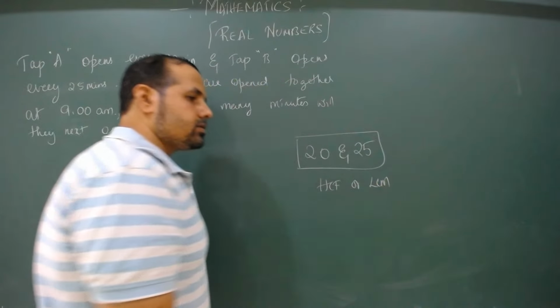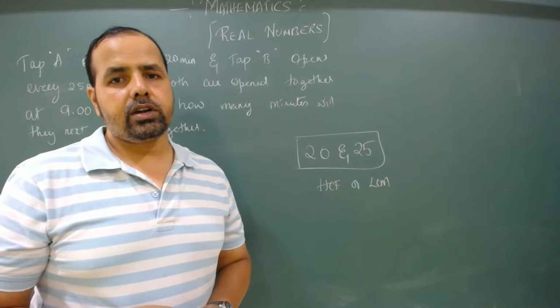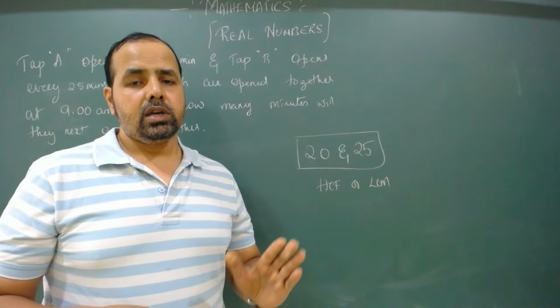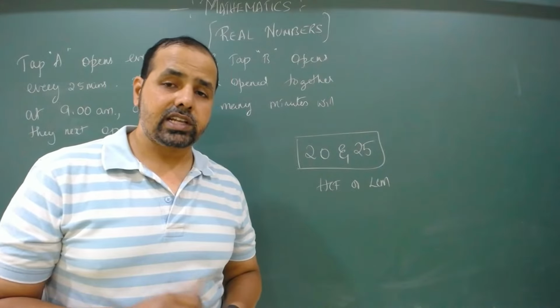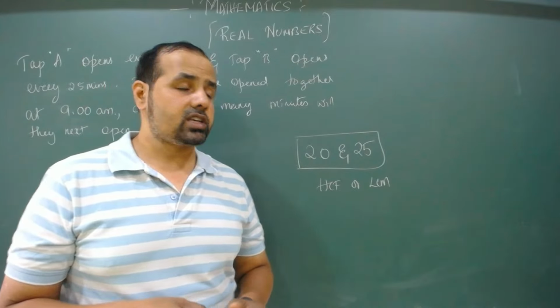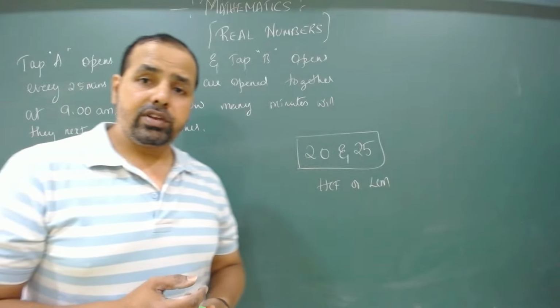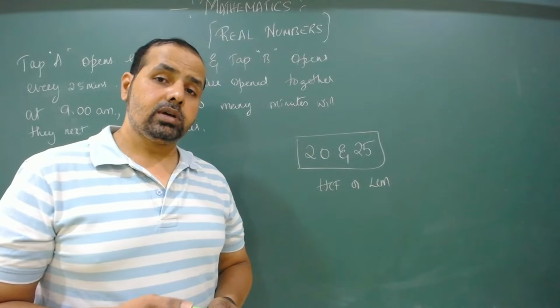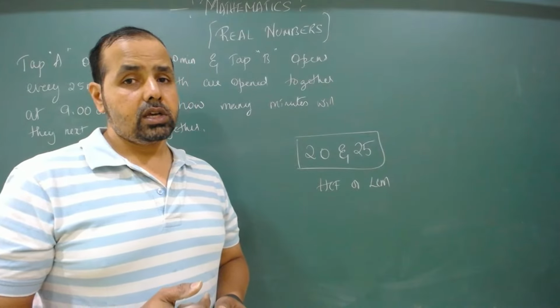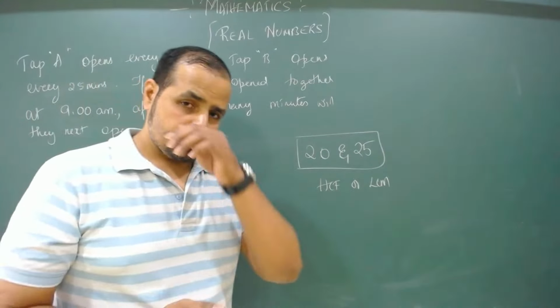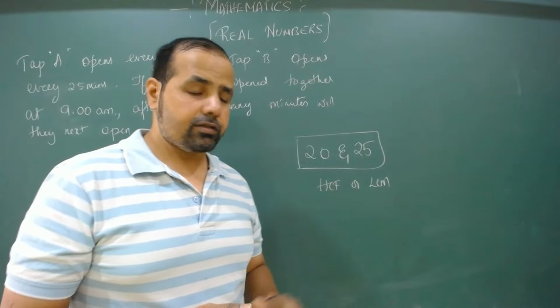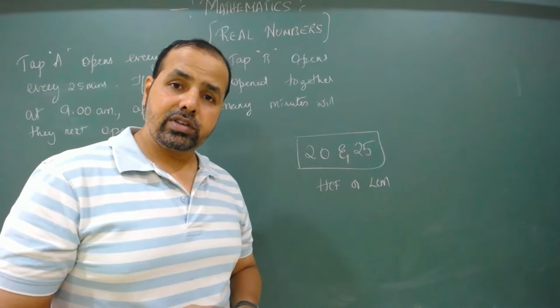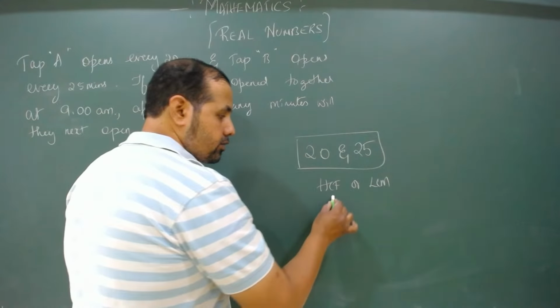You might have known that if you have the word minimum, we use LCM. If you have the word maximum, we use HCF. In this particular question, we don't have any word like minimum, least, smallest, or maximum, highest, biggest.